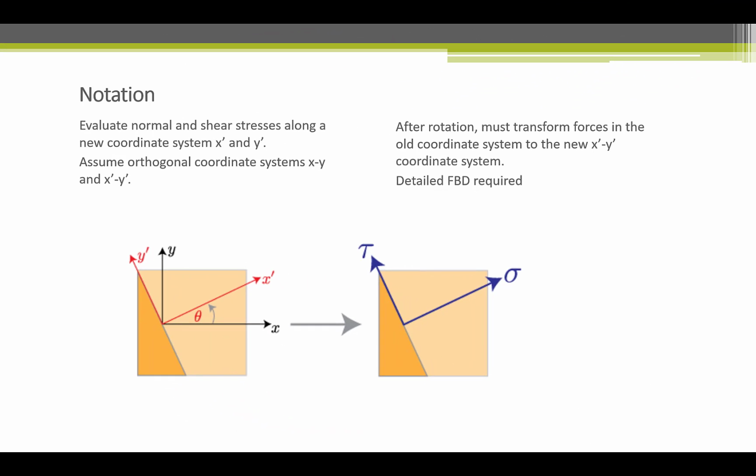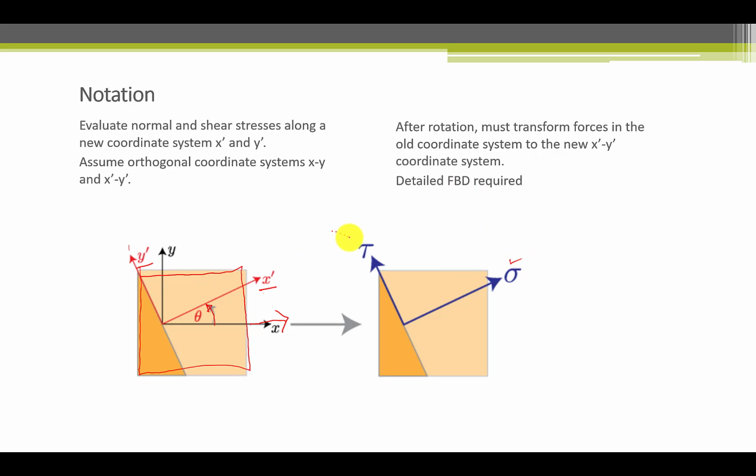Before we get into the math of the stress transformation equations, let's remind ourselves what we're doing. The stress square is here, and the normal is pointing in the x direction. We're going to rotate through angle theta so that we can obtain the state of stress in the rotated x prime, y prime coordinate system.